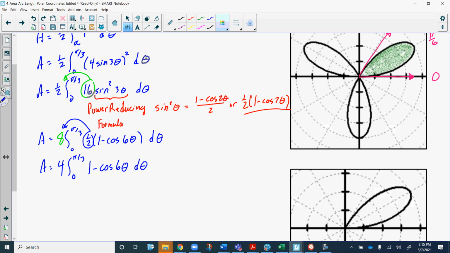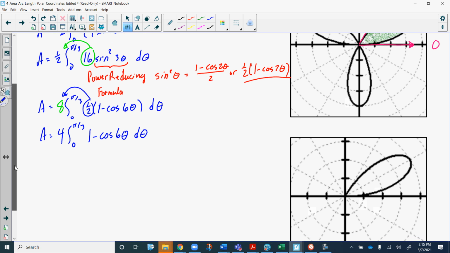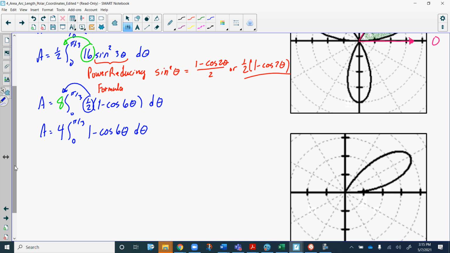And looking at this part here, what I really think I want to do is focus on what I can do with just the cosine. So at this point, I'm going to use my properties of integrals. We have 4, and I'm going to separate those two from each other.